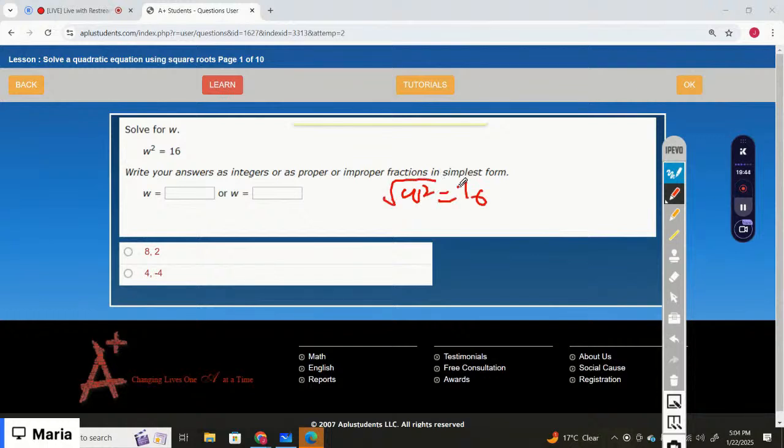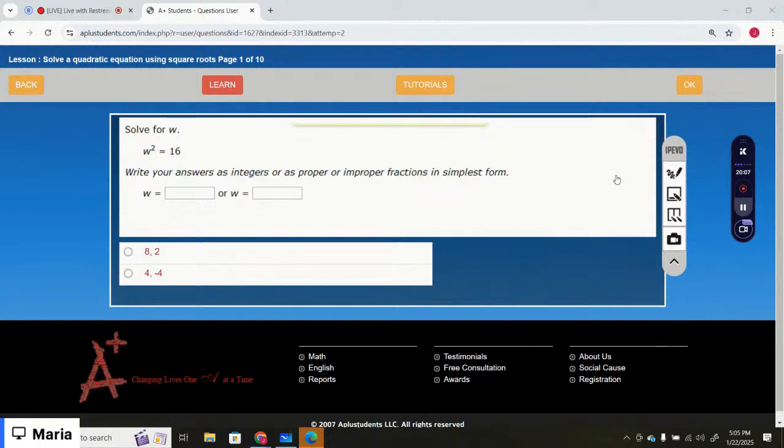So let's evaluate square root both sides. So W and square root cancel out. W equals plus minus 4. So the equation has two roots, 4 and negative 4. So option number 2 is the correct option. That is 4 and negative 4 is the correct option.